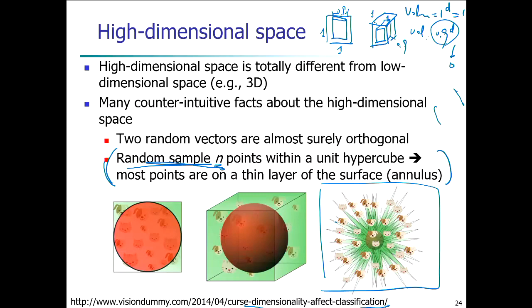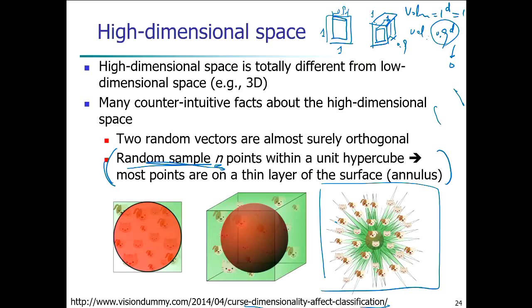That's almost the best thing we can draw, because there is no way you can draw a D-dimensional hypercube on 2-dimensional space. But you need to imagine that the space really does not look like an ordinary cube. It looks like a very tiny core with a lot of spikes. In fact, each spike is almost like a corner.